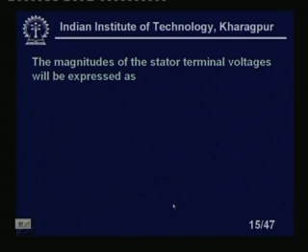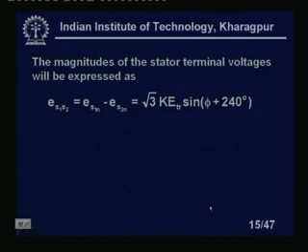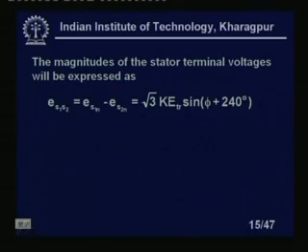The magnitudes of the stator terminal voltages will be expressed as follows. In this position, ES1S2 equal to ES1N minus ES2N equal to root 3 K ETR sin of phi plus 240 degree.